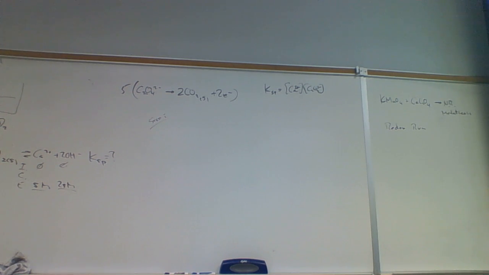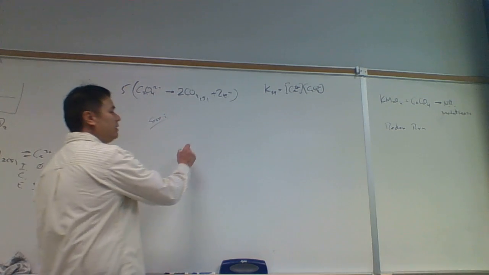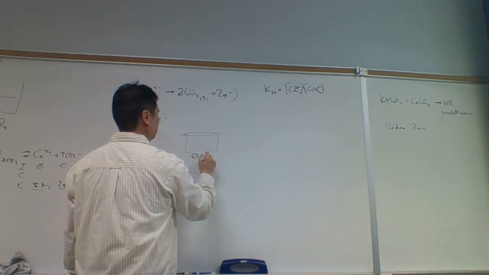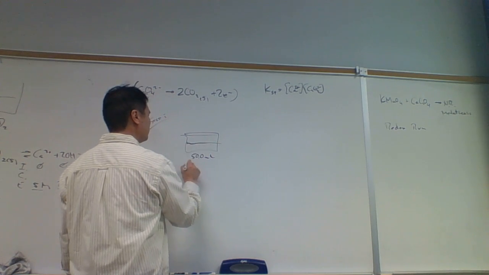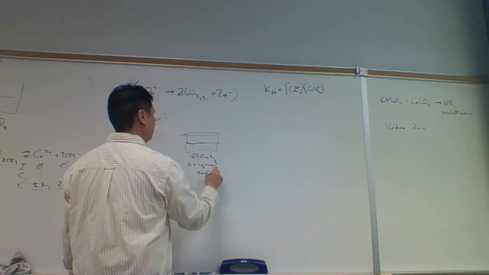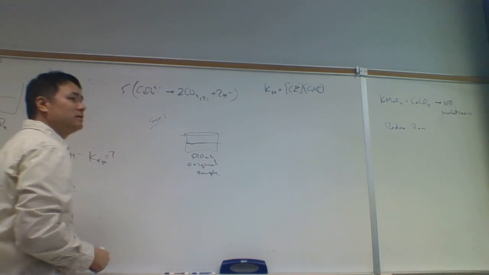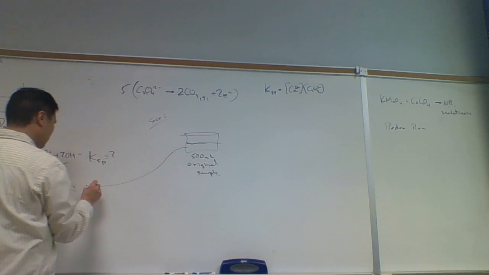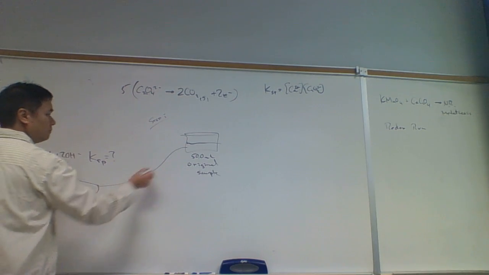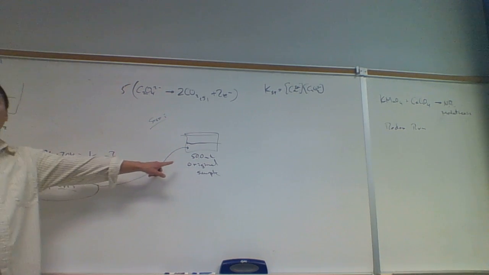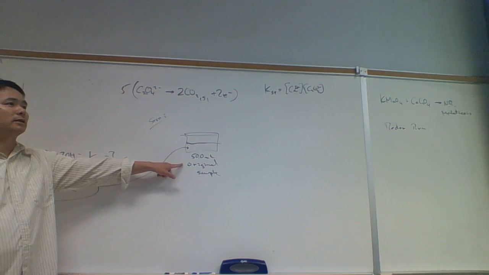All right, let's see where you're at here. So we had a 50 milliliter sample. This is the original sample. In this 50.0 milliliter original sample, this is what we have for the concentrations. It should be S molar and 2S molar from that.